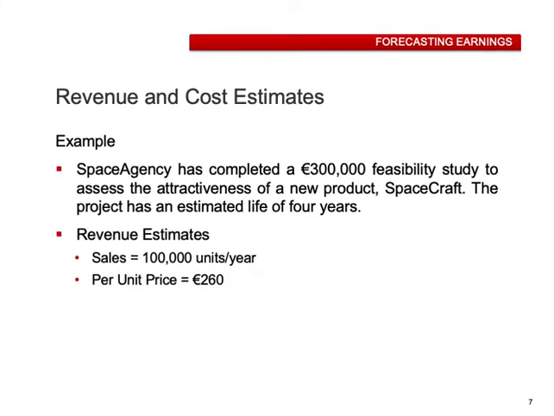Okay, the project. Space Agency is the company in our exercise, and they just paid 300,000 euros for a study to assess a new product. And this product is called SpaceCraft. The project has an estimated life of 4 years, which means that the project is terminated after 4 years.